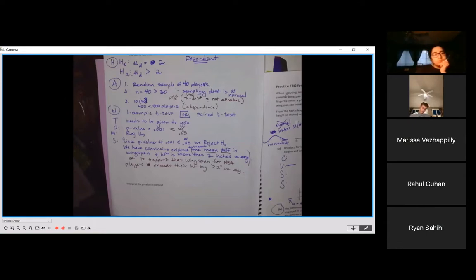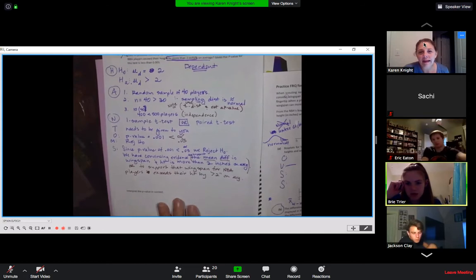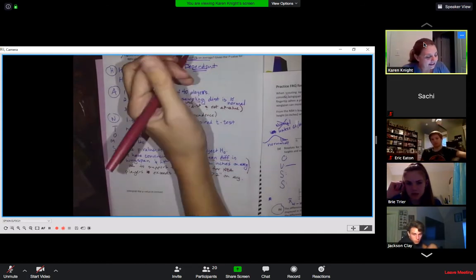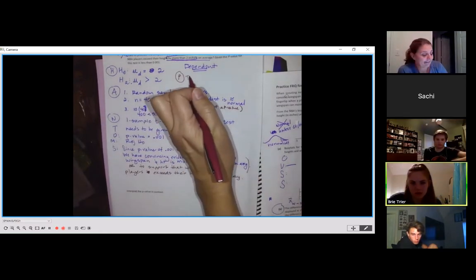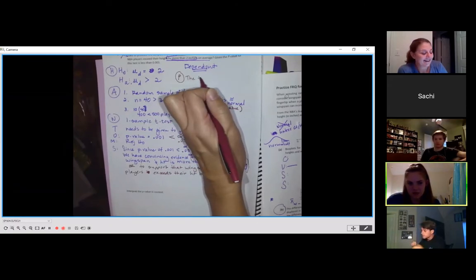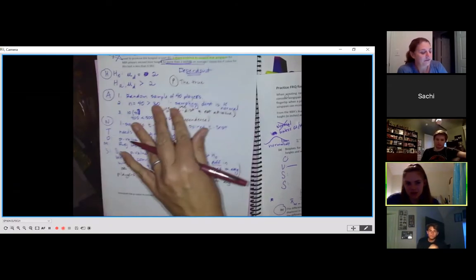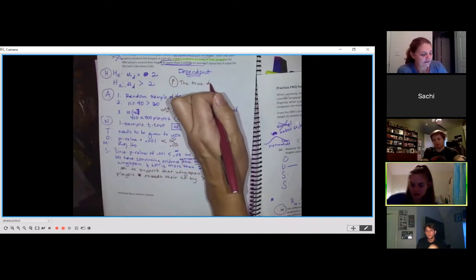Miss Knight, would we have to write the parameter down for this one? It depends on what they ask. More than likely, yes. And I was going to do that part here in just a second. What would my parameter be? Would it be like the true difference between the wingspan and the height?